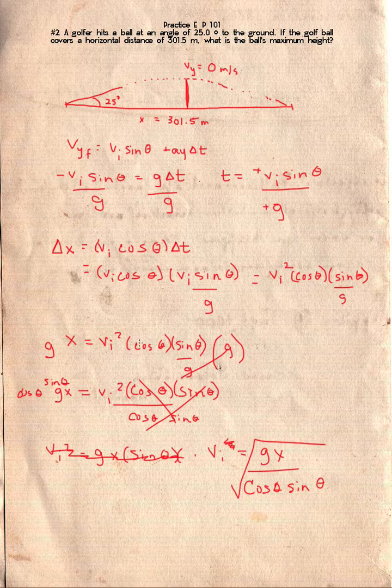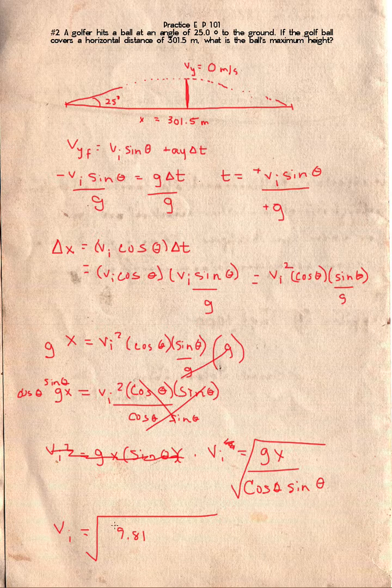Okay? Divided both sides by that. Sorry about that. So here's our formula that's going to allow us to find that initial velocity. All right, so go ahead and plug all those numbers in. Vi equals the square root of 9.81.